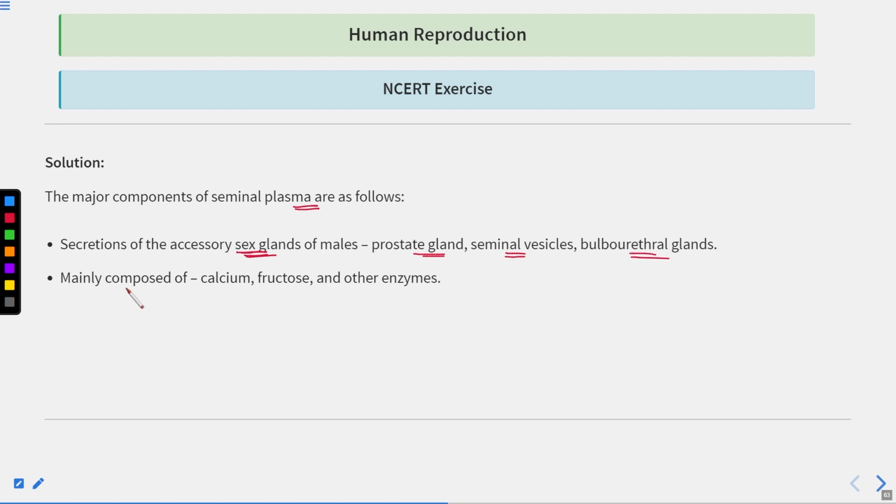And what is the composition of the seminal plasma? It consists of calcium, fructose, and enzymes. Clear? Fructose provides energy to the sperm. Seminal plasma is one of the components of the semen.